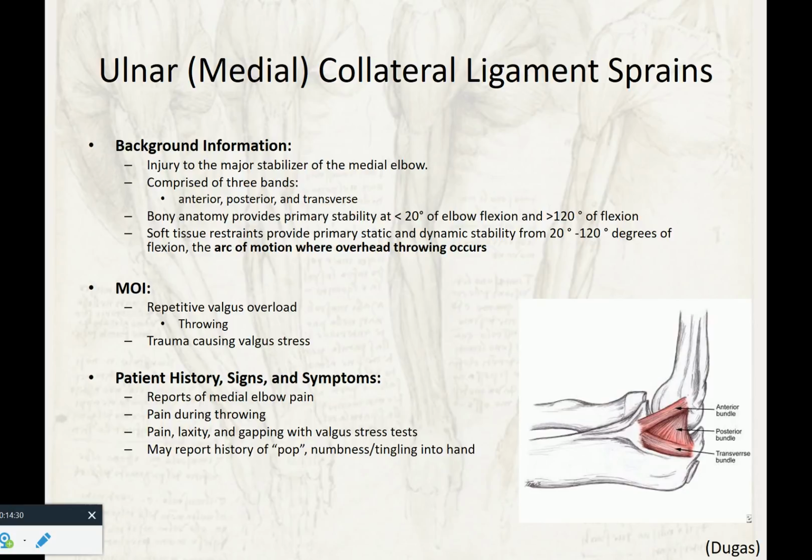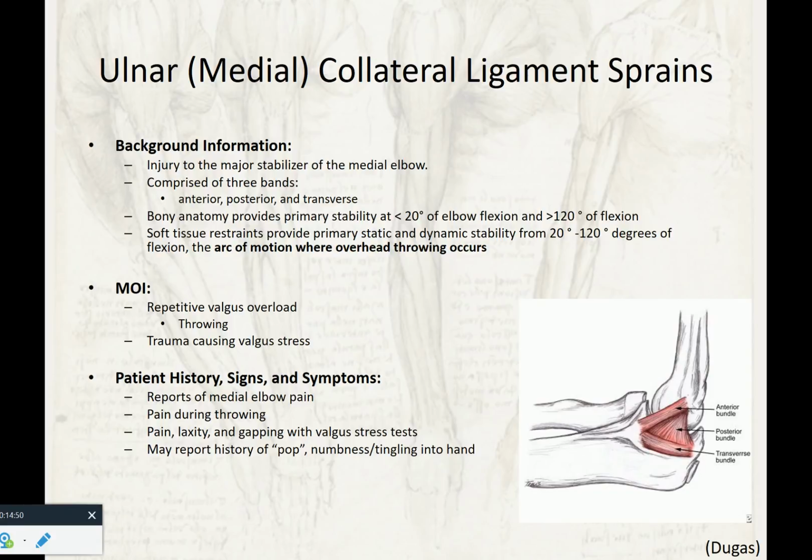In the elbow, bony anatomy provides the primary stability at less than 20 degrees of elbow flexion and greater than 120 degrees of flexion. So there's this arc from 20 to 120 degrees where the primary restraint and dynamic stability comes from the UCL.